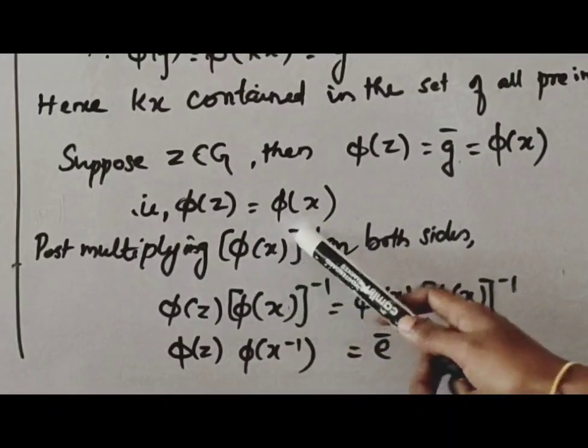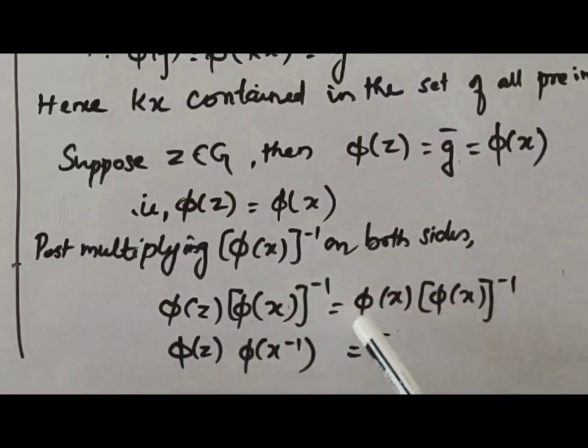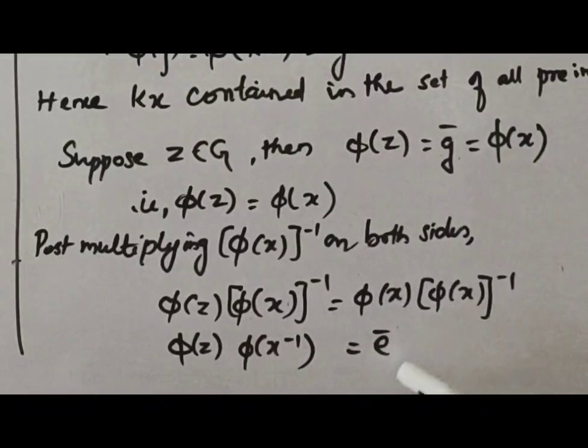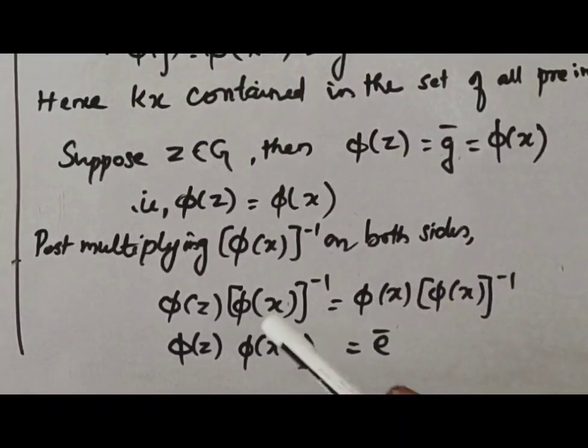Post-multiplying by phi of x the whole inverse on both sides, phi of z into phi of x the whole inverse is equal to phi of x into phi of x the whole inverse. What is the value of phi of x into phi of x the whole inverse? That is E bar, since these are the images in the group G bar, right?